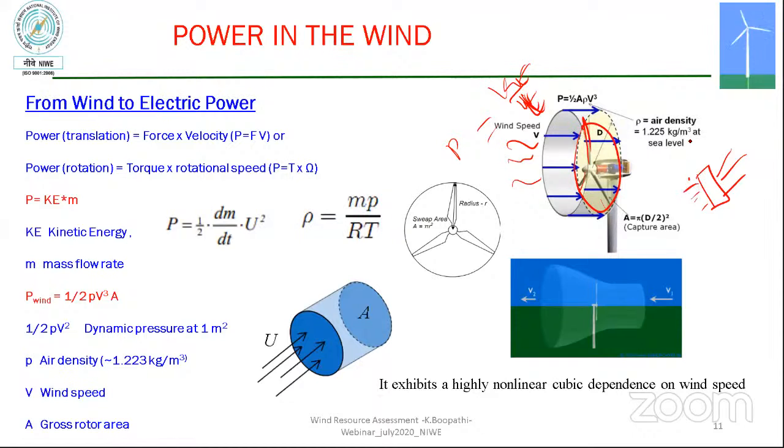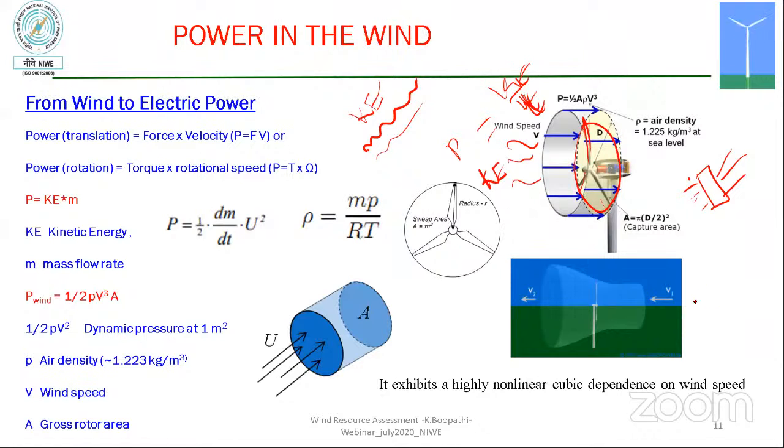So the wind is a light substance. An object which is moving from one place to another holds energy called kinetic energy, right? Even though the wind is blowing from one place to another, it holds kinetic energy.